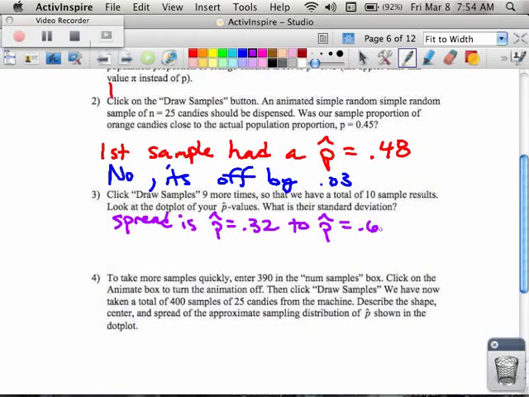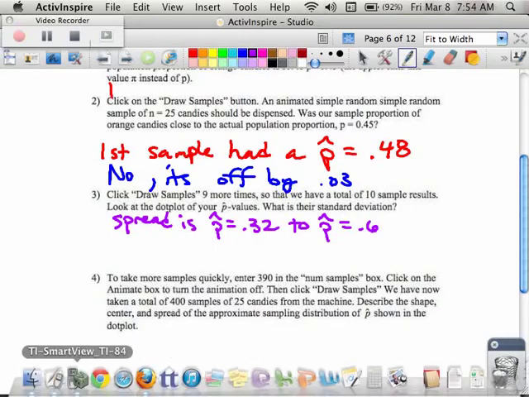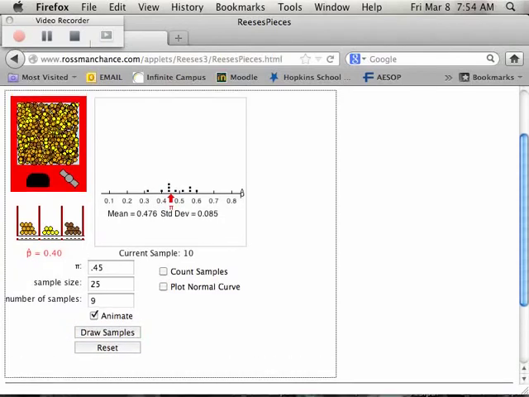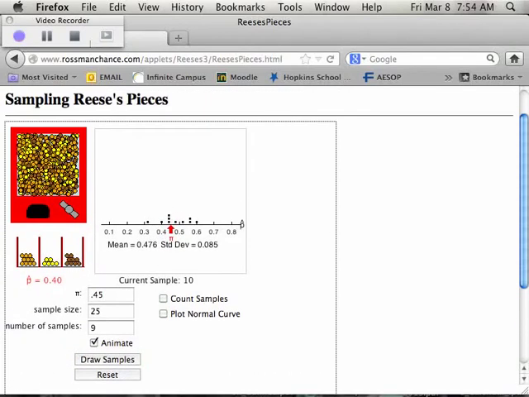Do they talk about anything else down below? Oh, they also gave me in this applet the mean and the standard deviation. So somebody could write those two down so that when I flip back to my whiteboard, you can tell me what they are. The mean is 0.476, and the standard deviation is 0.085.